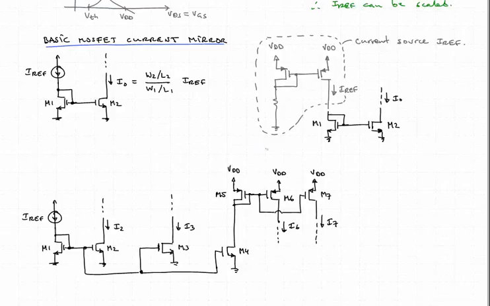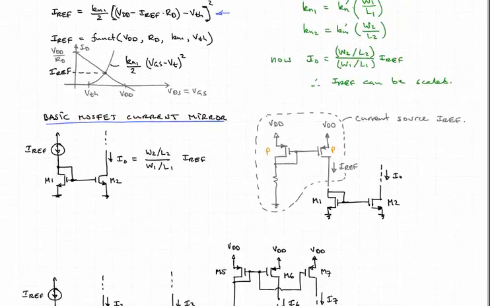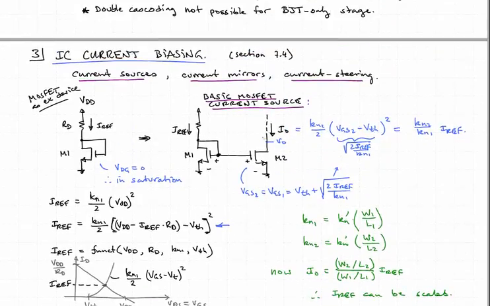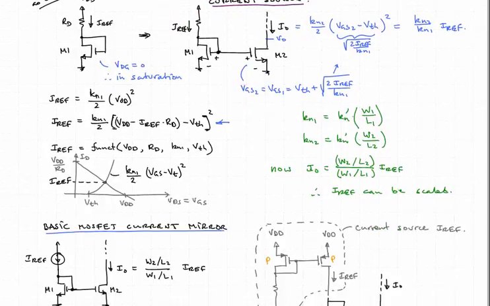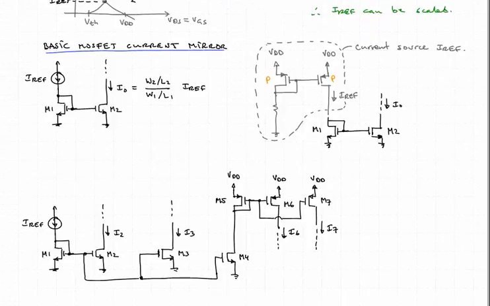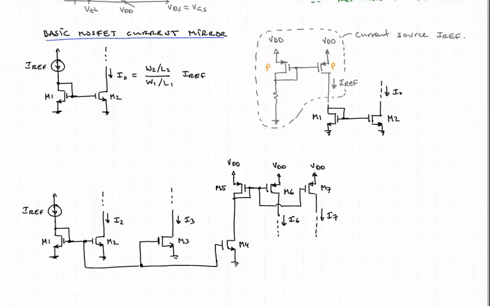Here I've shown to the right how one might combine the basic current source that we just discussed with the basic current mirror presented here. And so I've drawn a p-channel version. So these are two p-channel FETs, but this is the same current source as we saw right here, just reflected to the VDD supply side.